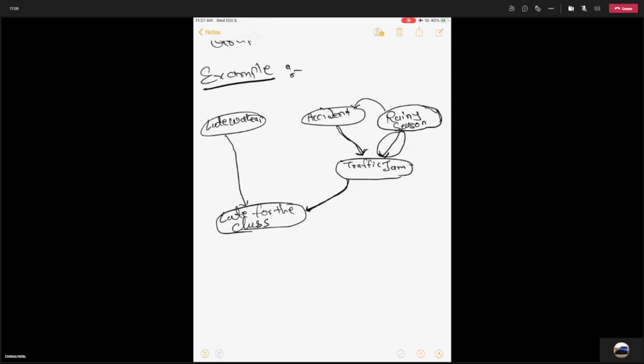But here you need to understand it. Because the roads are wet, you definitely slow down your speed, and because of that, you might have a traffic jam on the road. It's not only accidents that can cause traffic jams, any other circumstances, seasonal things, roads not being good, all these conditions can lead to traffic jam. And because of that, also you can reach late to the class, right?